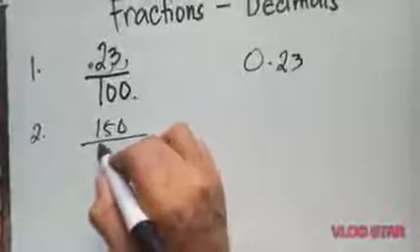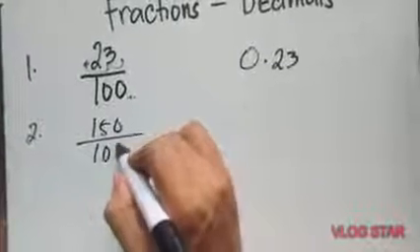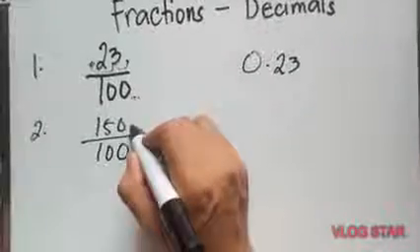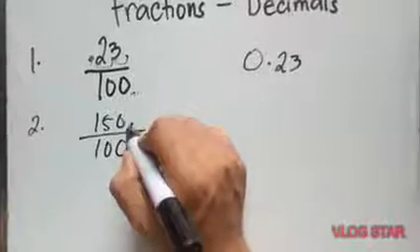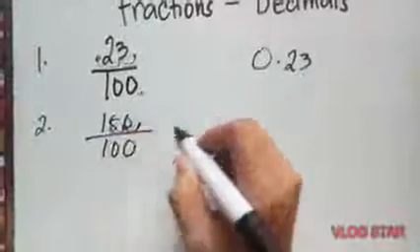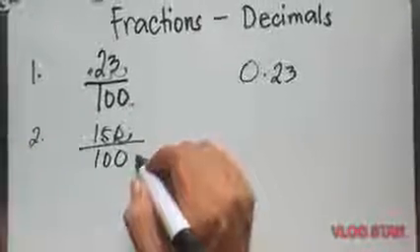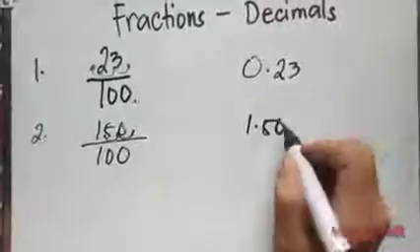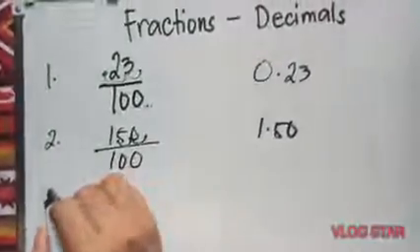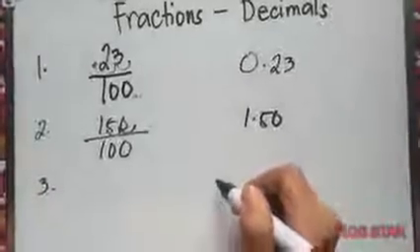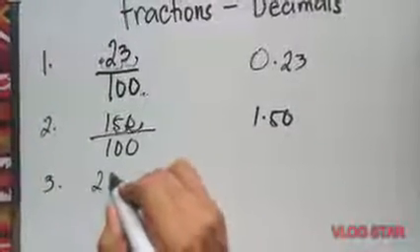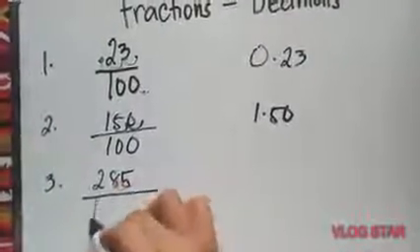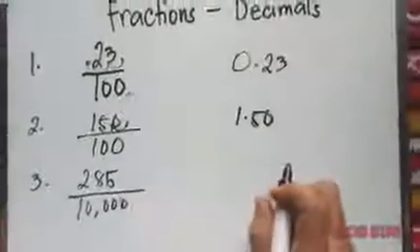Next, 150 hundredths. Just move the decimal point twice because this is hundredths. So if we write this in decimal, 1.50. Number 3, 285 ten thousandths.